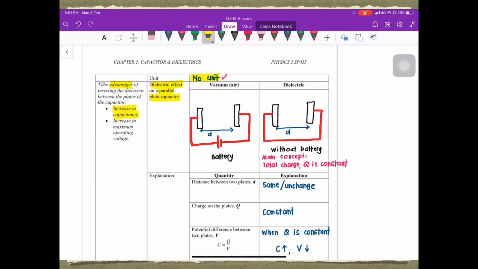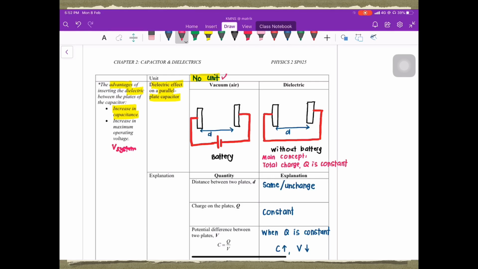So the main idea: dielectric will increase capacitance. Alright. And then it also increases the maximum operating voltage. This one is V overall, V system.